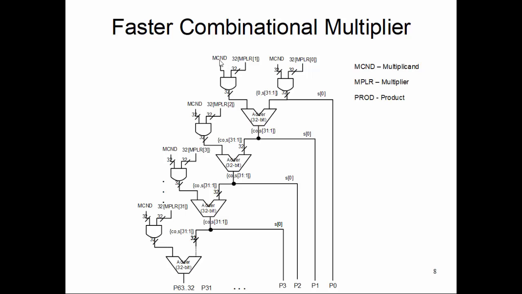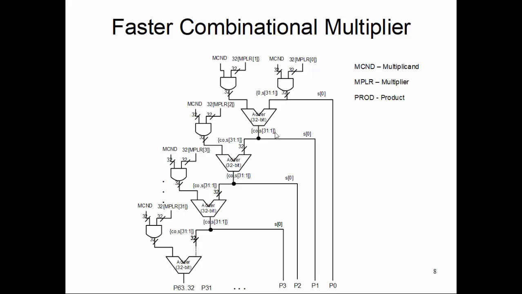Next step is again the multiplicand ANDed with the second bit of the multiplier replicated 32 times, and we add them. Now what we are doing differently from the previous step is this: we pick up the LSB of the partial sum from this stage as product bit 1, and instead of padding with 0, as we did for the very first multiplication step, we pick up the carry out from the adder and use that to make a 32-bit operand.